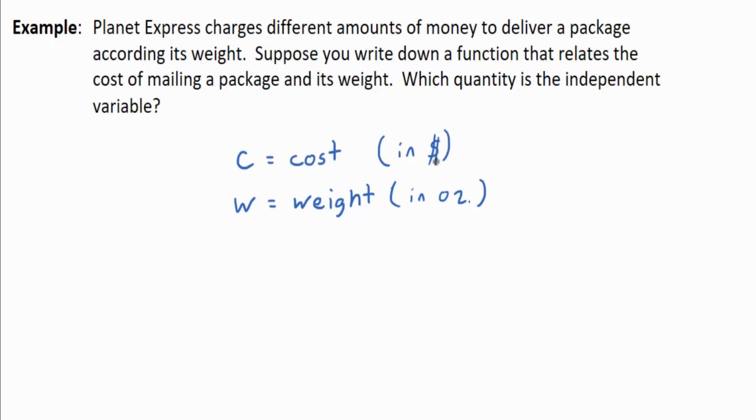Or if it's a letter, it'd be in cents, but you can do the conversion. So the weight, here's my argument. The weight would have to be the independent variable. Because think about it. The cost of mailing a package depends on how much it weighs. It depends on weight.